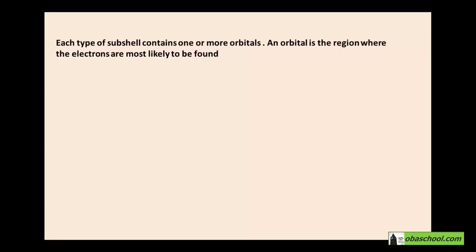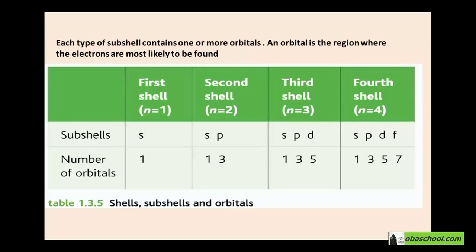Which means an orbital is a region where the electrons may be found. Each subshell contains a number of orbitals. For example, there is one orbital in subshell S, which means there is one region that the electrons may be found.